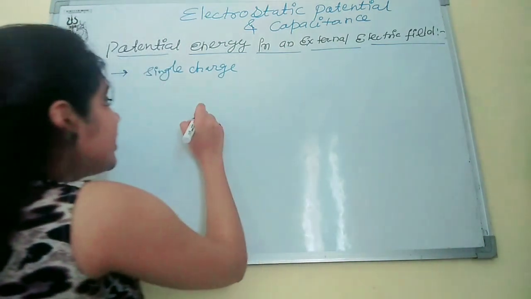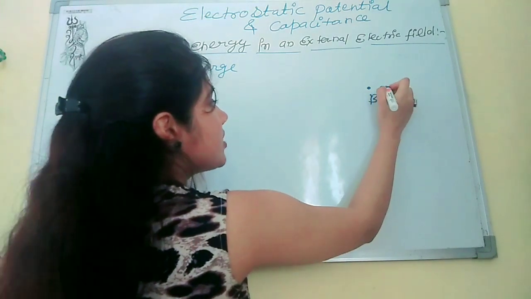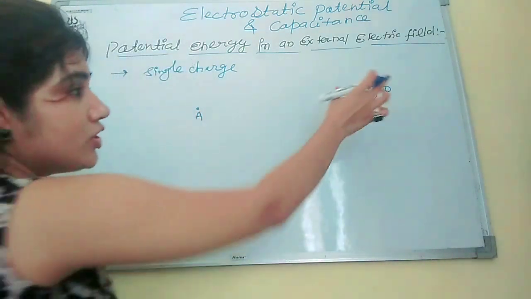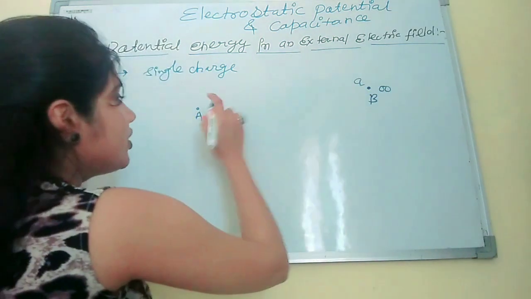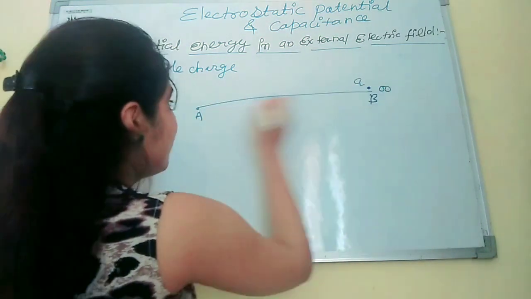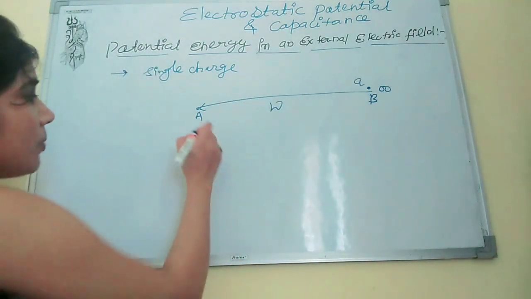So here any point A and this is any point B which is placed at infinite position, and any charge Q we are bringing from this infinite to this point A, we will do some work done and which is stored in the form of potential energy.